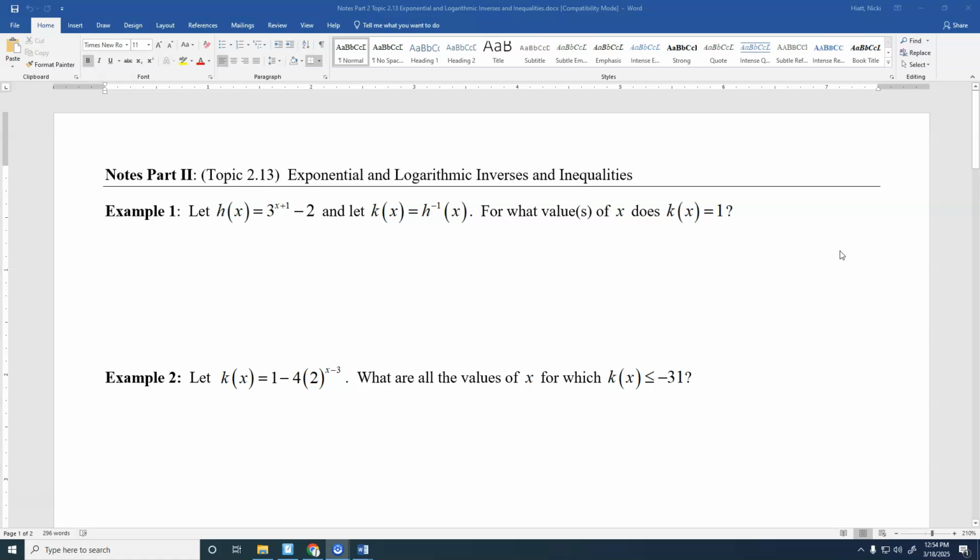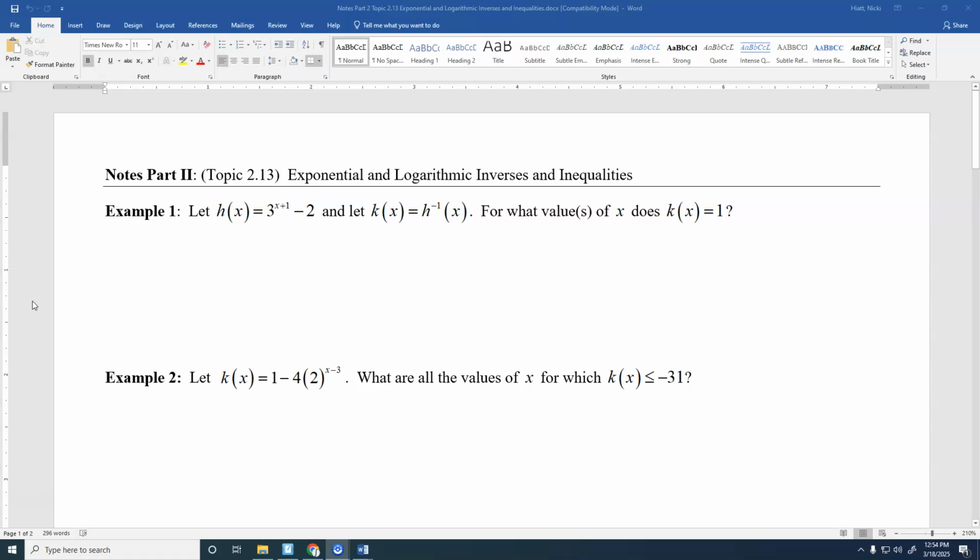Right? So there's a couple ways you can go about doing this. I'm going to do it both ways. If I was a student who was just learning this, I would do it the long way. It's the way I would probably go about doing this. But there is a shortcut I will show you at the end as well. So if we want to know where the inverse equals 1, we need to know the inverse, right?